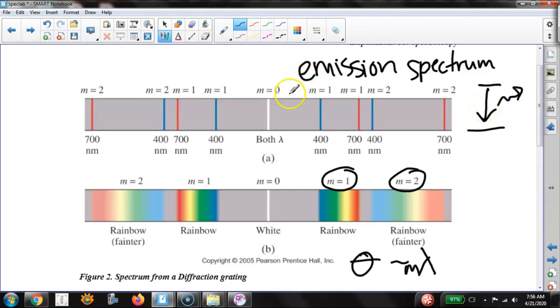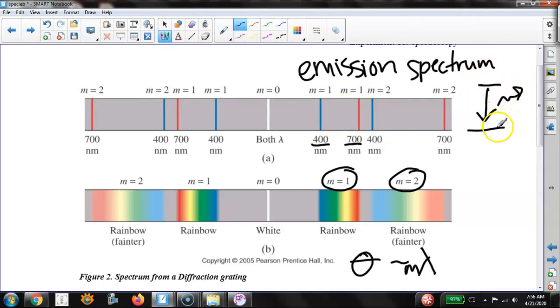I'm not going to review all that chemistry. So here we have a blue line and a red line. Right? We have their different wavelengths. The wavelength determines the angle. How far are they away from each other here?